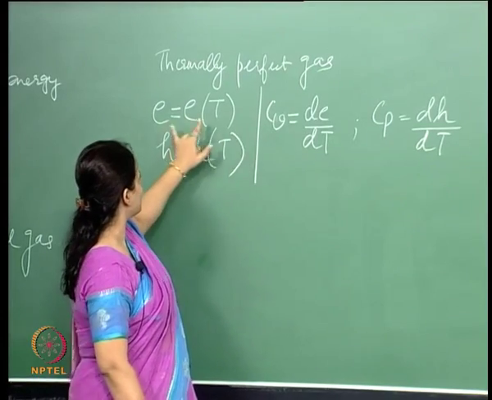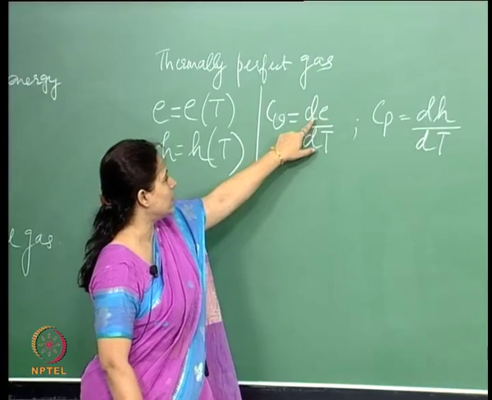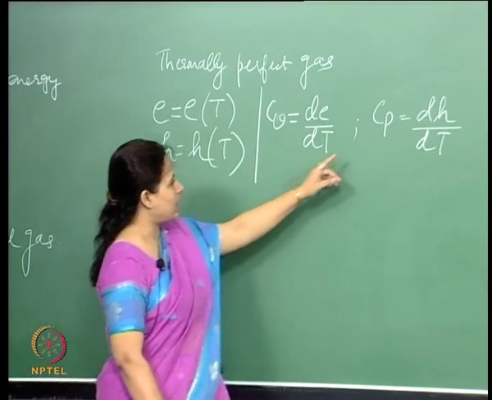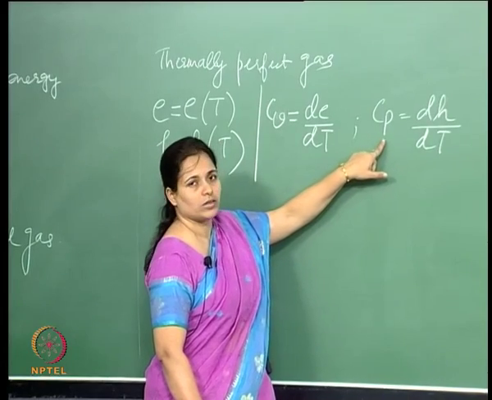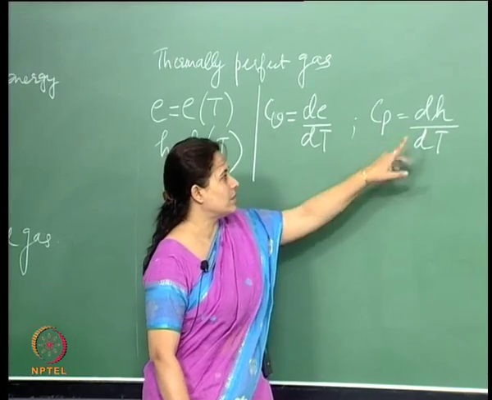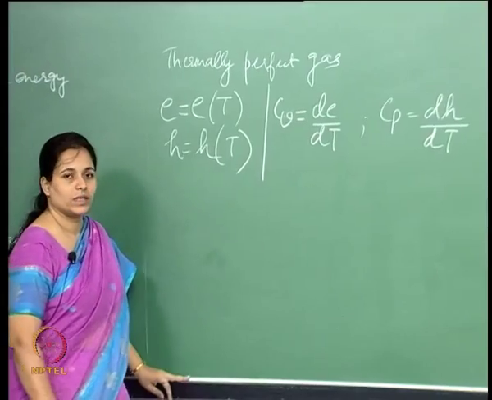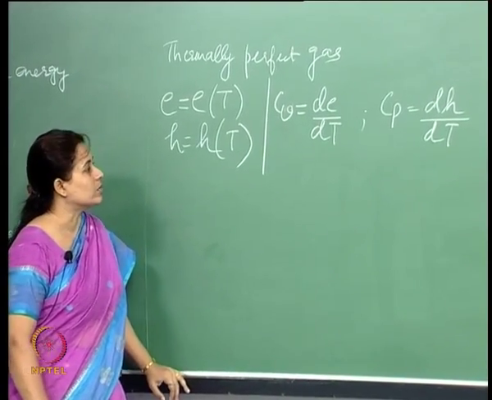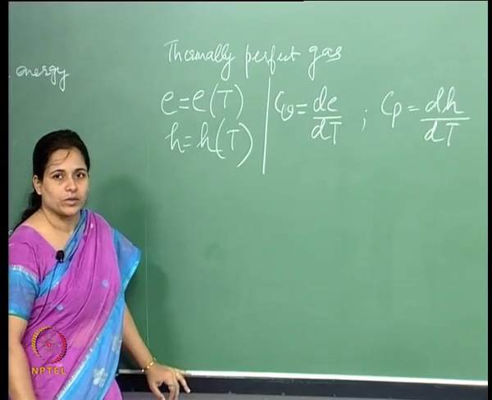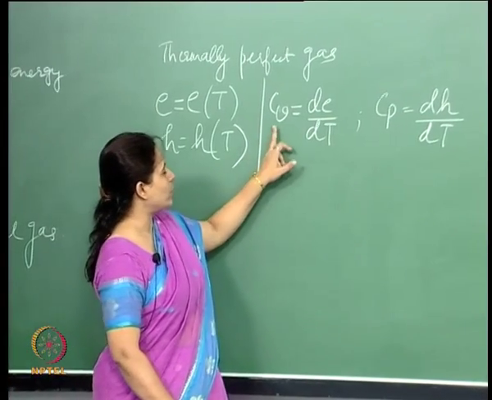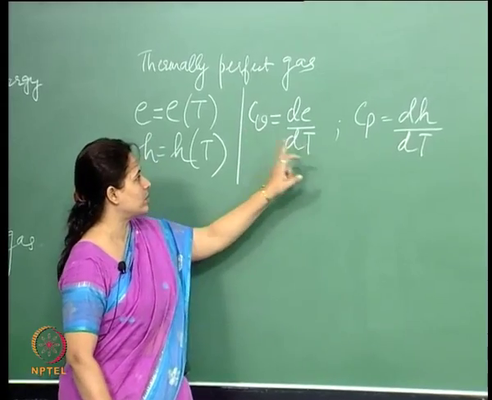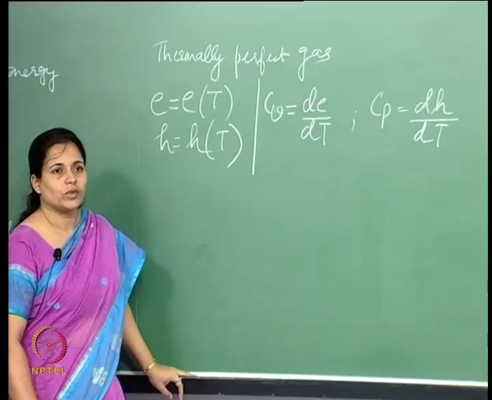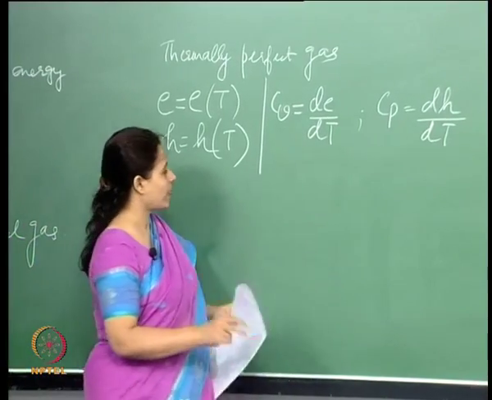So, in this case, this is nothing but the change in internal energy per unit change in temperature, and this is the specific heat at constant pressure, and this is dH by dT, that is the fractional change in enthalpy per unit change in temperature. Now both these parameters, CV and Cp, as you can see, are functions of temperature.